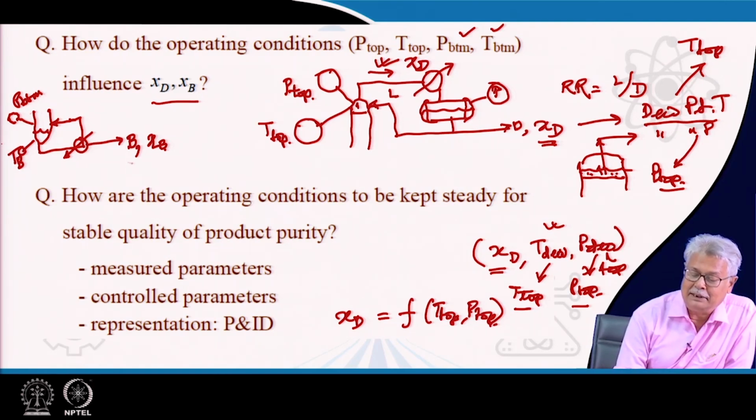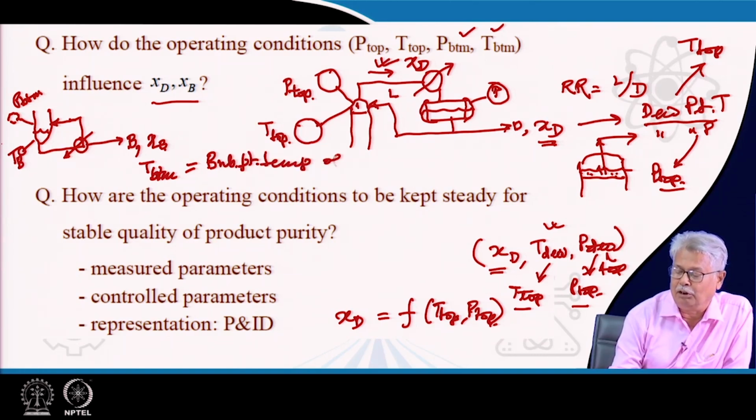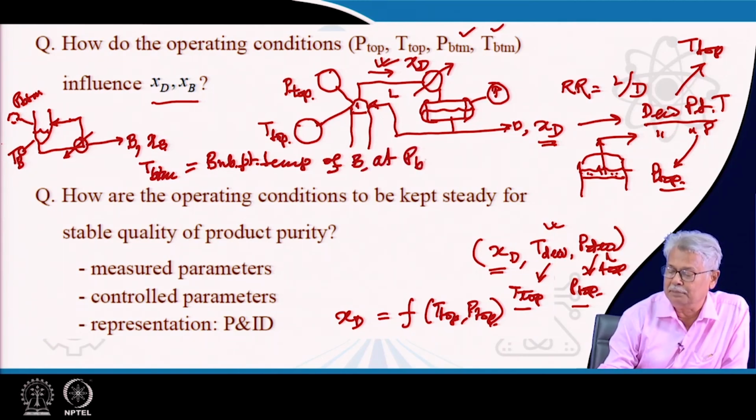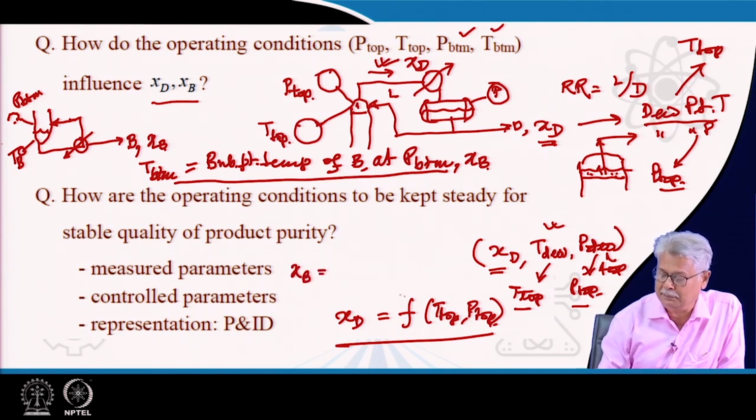So, naturally your T bottom is equal to the bubble point temperature of B at P bottom pressure, and its composition is XB. Therefore, I can also write again the way I had written in this particular case: my XB will be some function, if I call this F1, I am going to call this F2, of T bottom and P bottom.